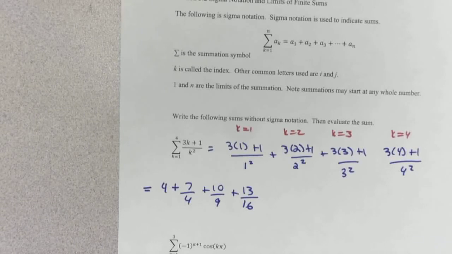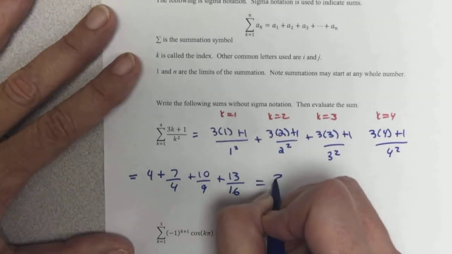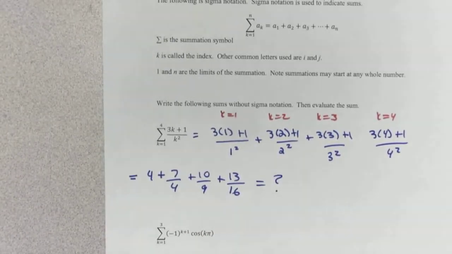I have no clue what that common denominator is right off the top of my head, so I'm not going to bother. The point is not the arithmetic. If there's a homework problem on the computer and they ask you to do the arithmetic, just take out your calculator and do it.